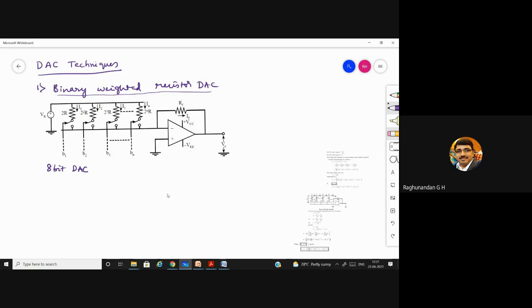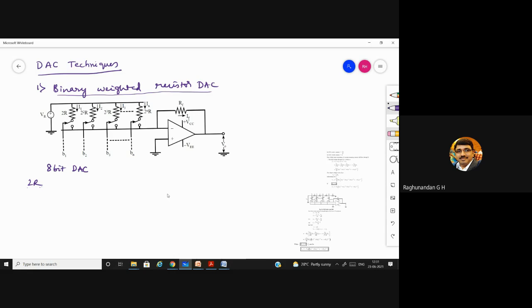But one of the drawbacks we face here is, in the 8 bits, if the first bit is 2 times R, where R is some constant value we are taking, then that resistance value you are going to take here.